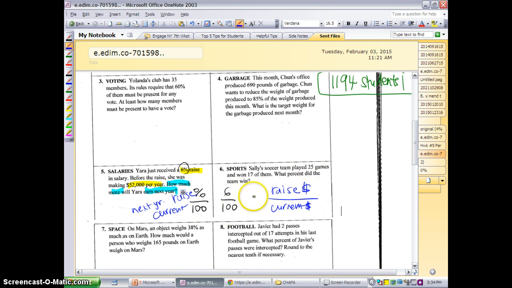Okay, so then my second ratio, the raise that she's going to get, well, I don't know because I'm going to look for how much more she's going to get, so that's her raise. So that's my X. And then the current amount that she's making is the $52,000 in my denominator, and I'm going to make the proportions equal to each other. Okay, from here I'm going to cross multiply. So 52,000 times 6 is going to give me 312,000.